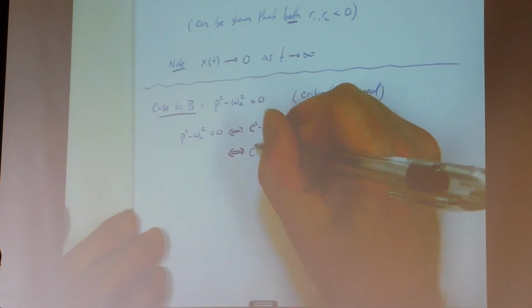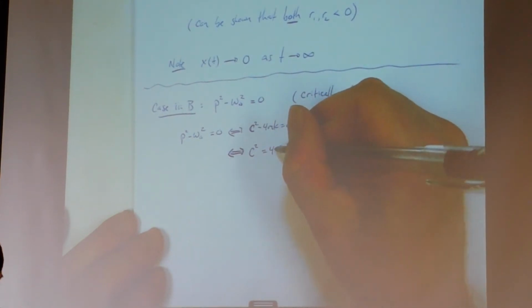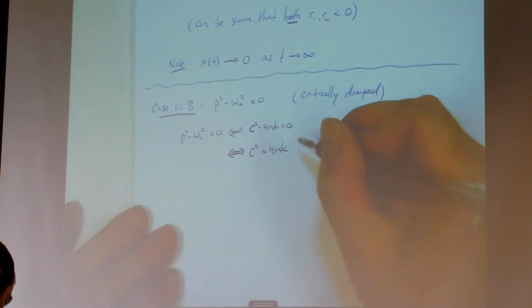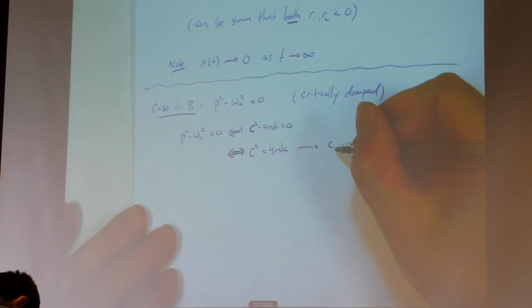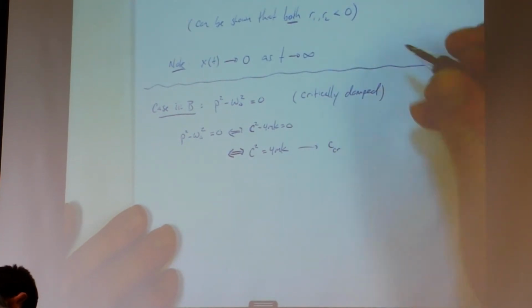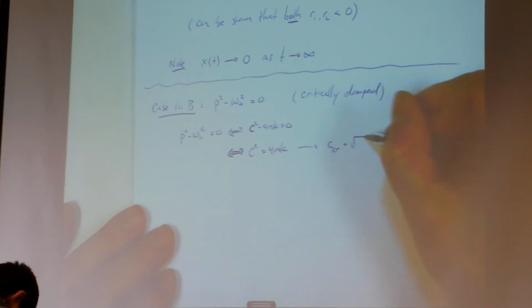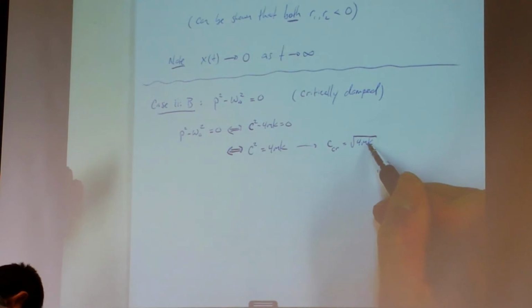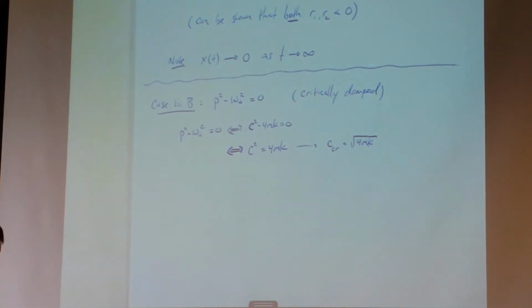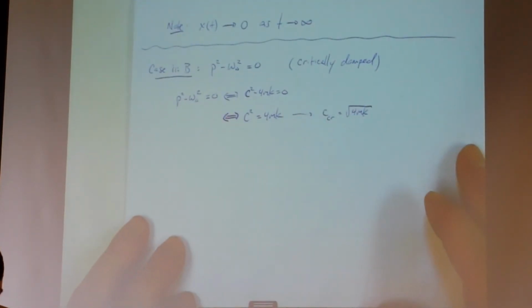This happens when c squared equals 4mk. This is the critical damping. The book calls it c sub cr, critical, equal to the square root of 4mk. We don't really deal with those in these situations. They just say, if it's critically damped, what's it going to do? If it's overdamped, what's it going to do? But this is the breakdown.